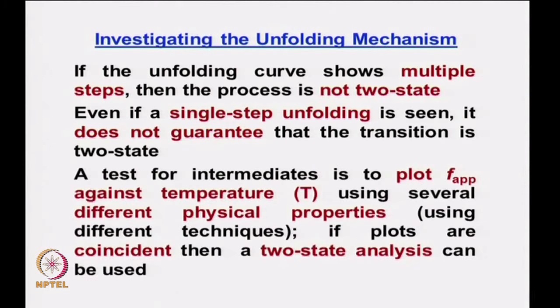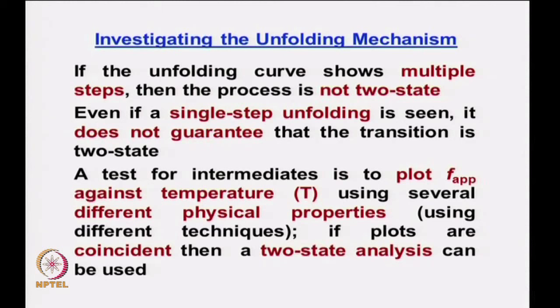Okay. What is the test for the intermediates? A test for the intermediates is to plot F apparent against temperature T using several different physical properties. That means using different techniques. What does it mean? Remember, di was the physical property of every intermediate. So, think about this.